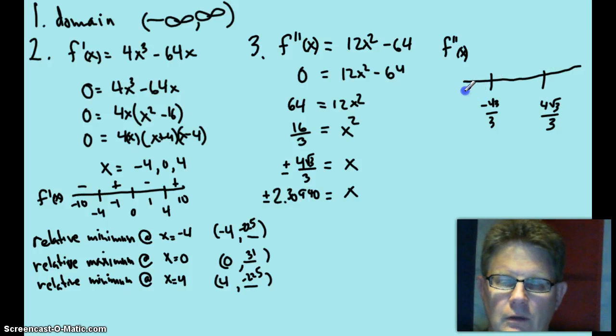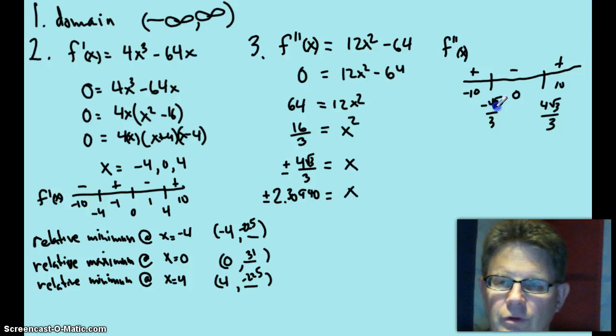So let's pick negative 10. That would be 100 times 12, 1200 minus 64. That's positive. Let's pick 0 here. That would be negative 64, negative. And if we pick 10 again, we're going to get 1200 minus 64, which will be positive.